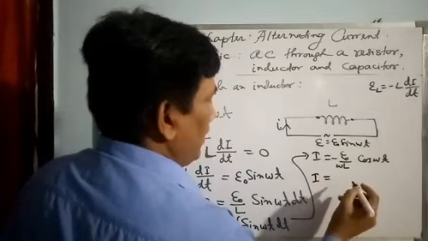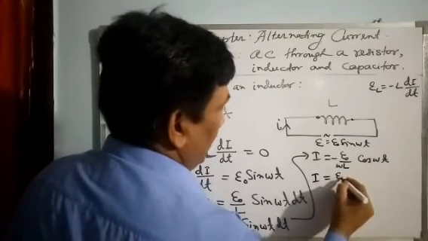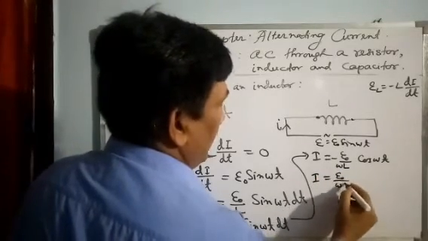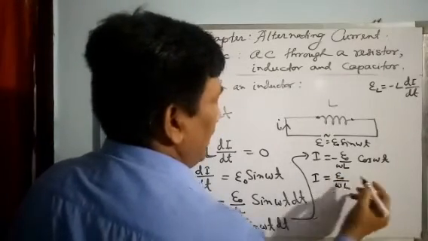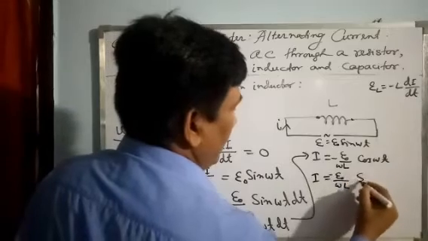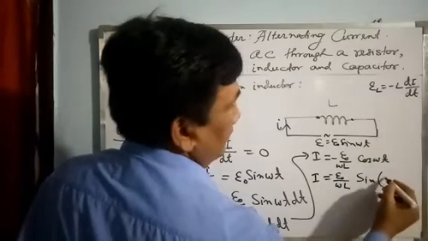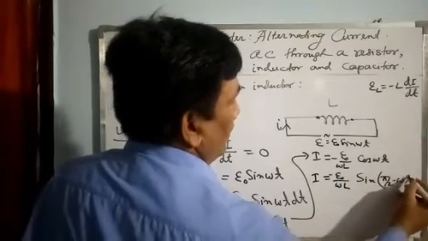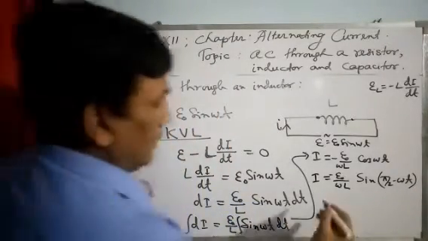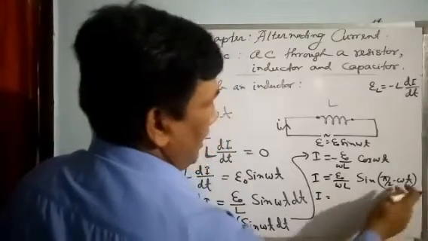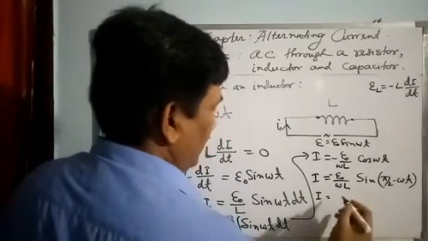Then I will become minus E naught by omega L cos omega t, are you getting it? With a minus sign, and that can be written as sin of pi by 2 minus omega t. Sin 90 minus theta equals cos theta, na?